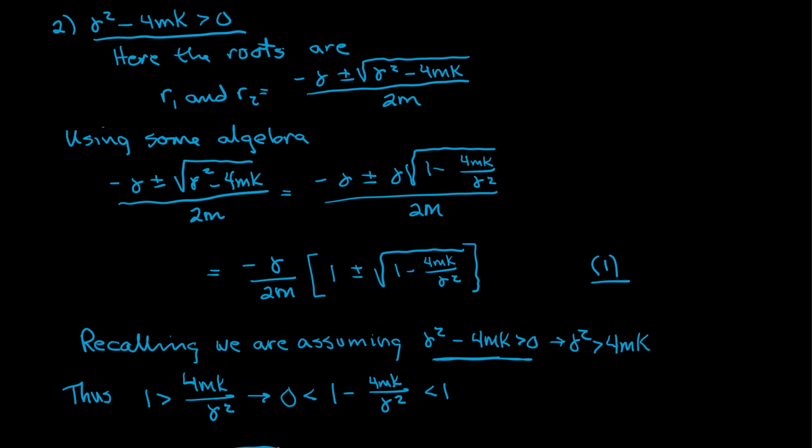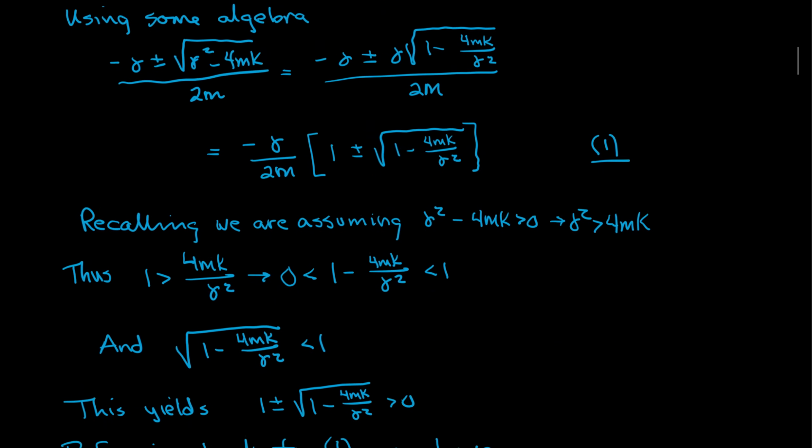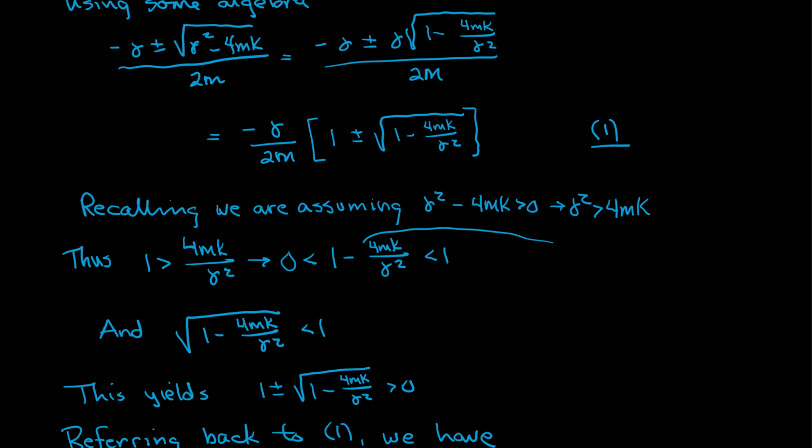If we assume that it's greater than 0, this gives us that the gamma squared is greater than the 4mk. So if the gamma squared is greater than the 4mk, that means that this fraction right there has to be smaller than 1. And 1 minus something smaller than 1, as in between 0 and 1, is going to give us a value between 0 and 1.